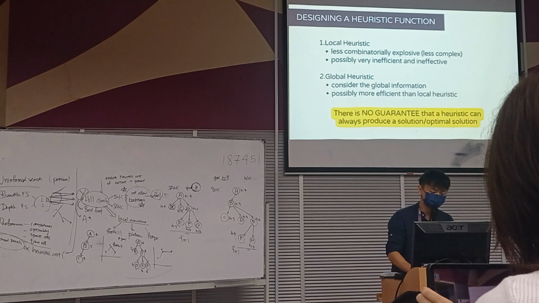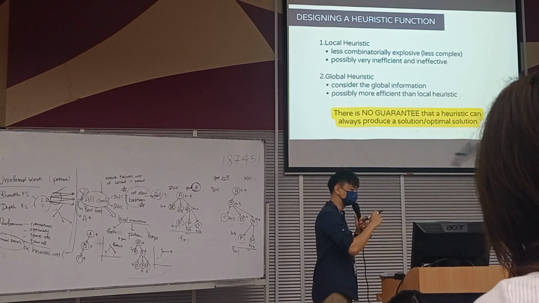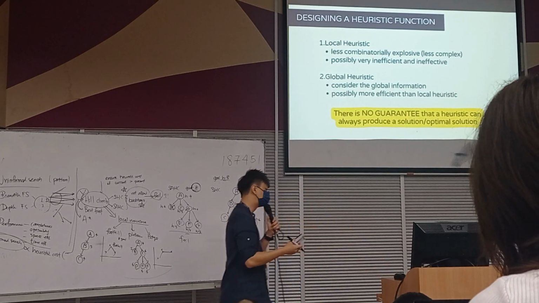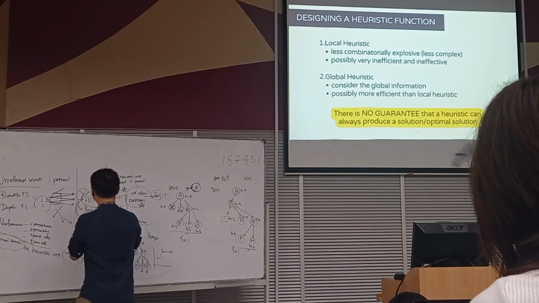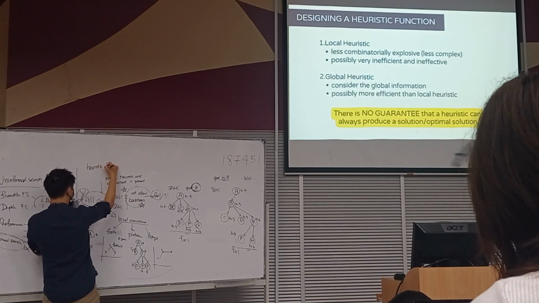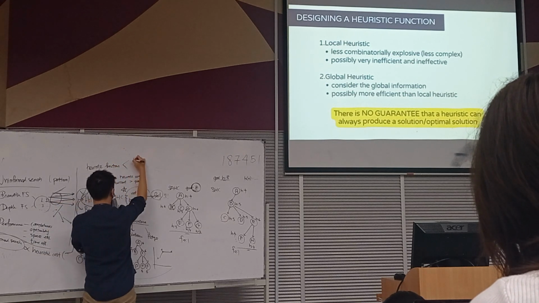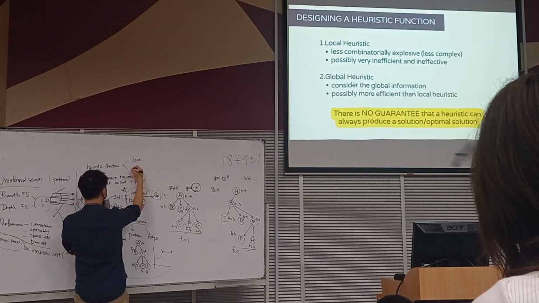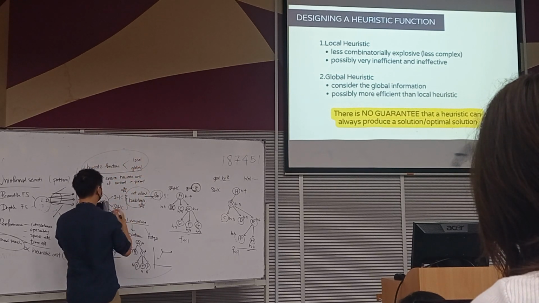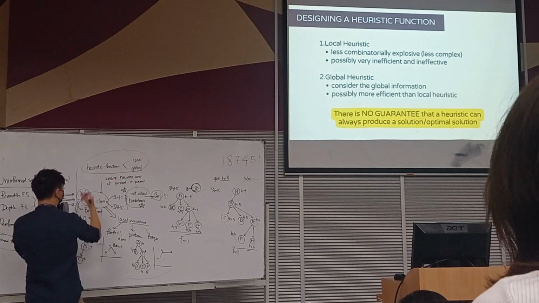Okay, so alright, before we take a rest, I would like to move on to a very small topic here. It's not very important, but I will just let you know that just now we mentioned the heuristic function, right? So there are actually two types of functions. It's known as the local heuristic function and global heuristic function. Right? It's not algorithms, but just types of heuristic function. What is a heuristic function?